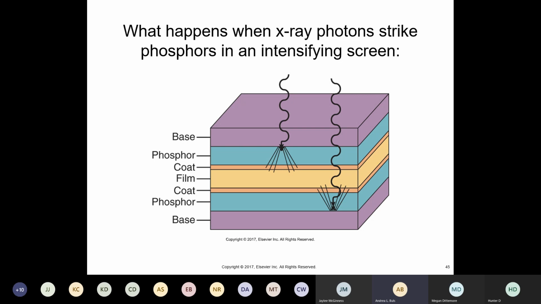So if it's going through a patient's body before it hits that, again, only a certain amount of X-rays are going to be allowed through. Some are going to pass without interaction. Some are going to be slightly absorbed. Some are going to be completely absorbed. So that's what's going to create our image on this extraoral film as well.